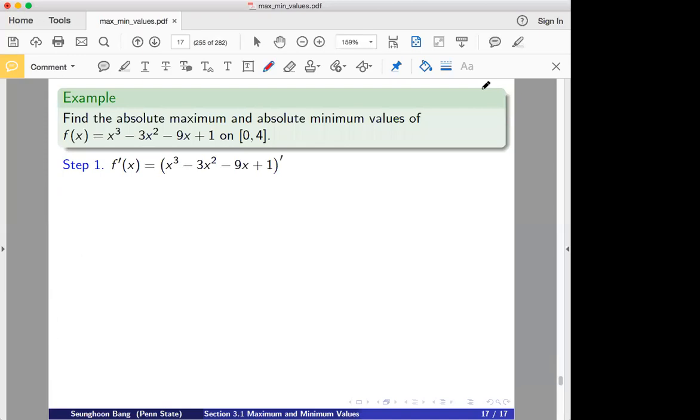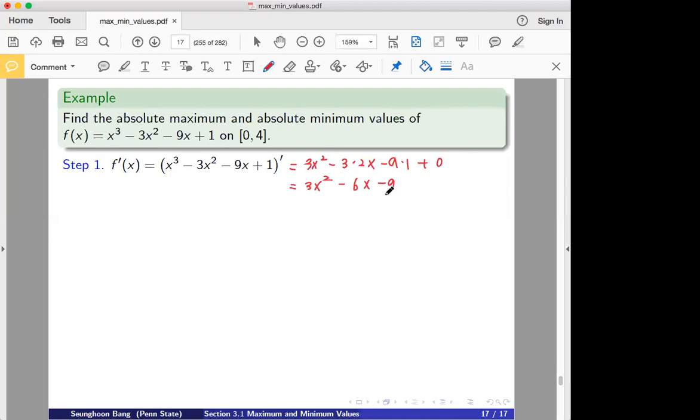Find the critical numbers: take the derivative, f'(x). The derivative of x^3 is 3x^2, minus 3 times the derivative of x^2, which is 2x, minus 9 times the derivative of x, which is 1, and the derivative of 1 is 0. Exactly, 3x^2 - 6x - 9.